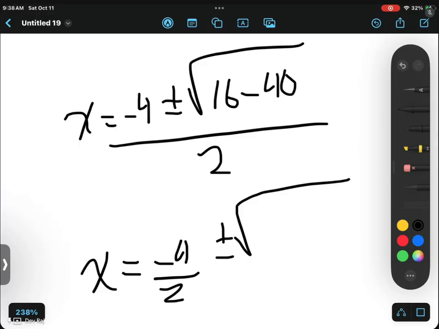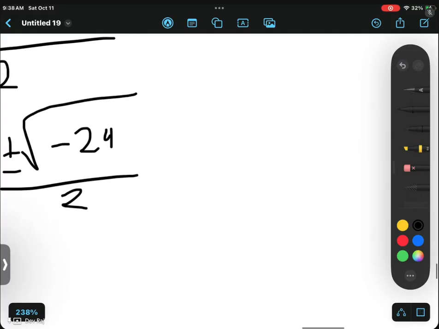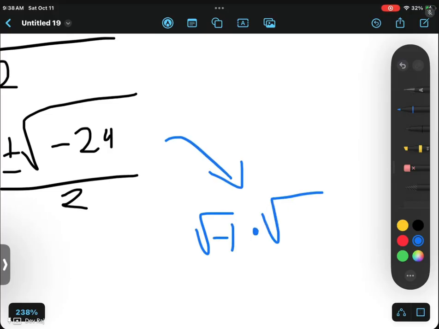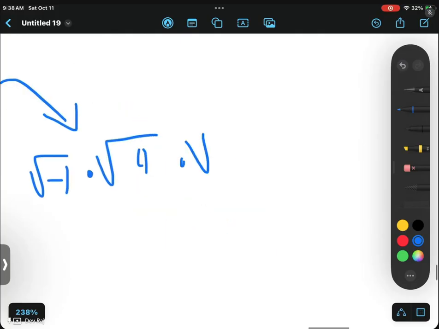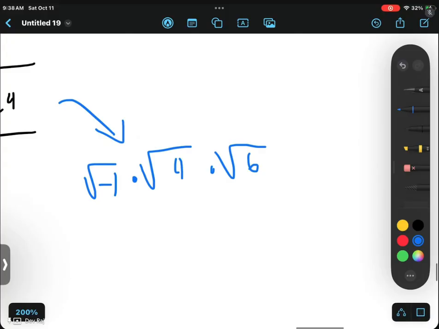That would just give us, negative 24, sorry. This gives us negative 24 over 2, right? Now, if we break this down, this is just negative 1 times 4 times 6, right?